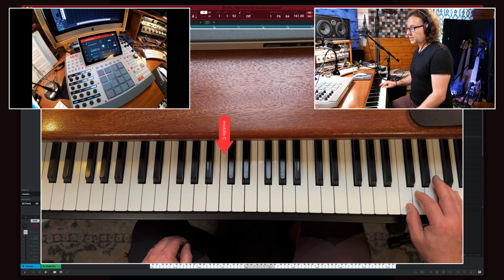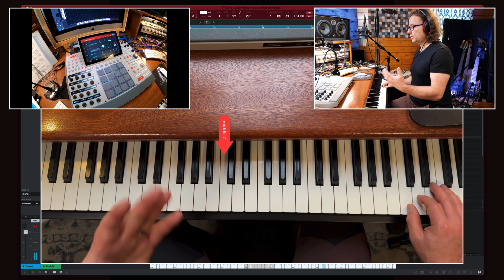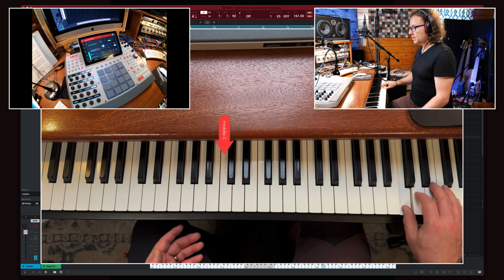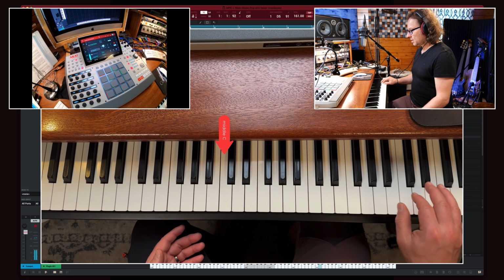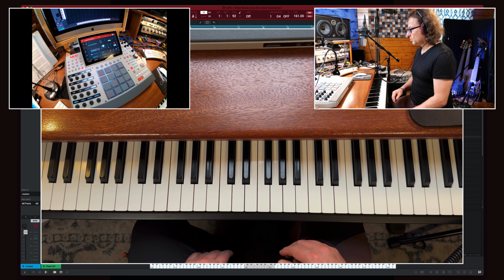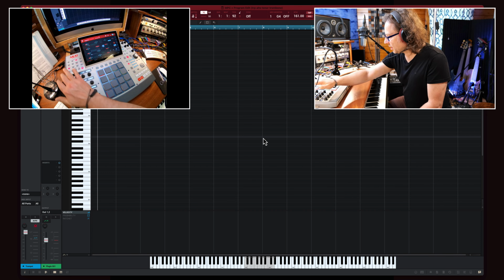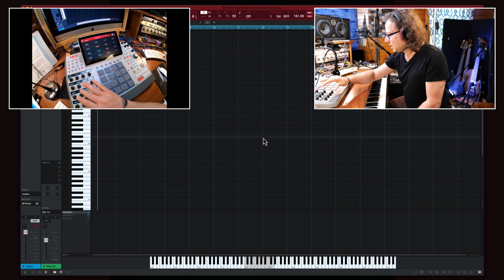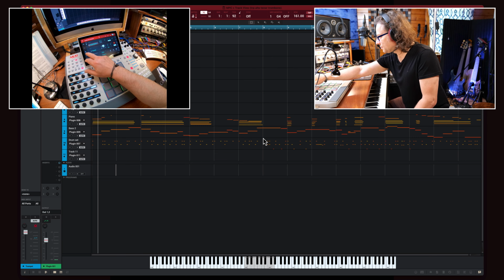But I guarantee you, this is the most flexible instrument. So we could definitely go beyond that range and be totally successful.